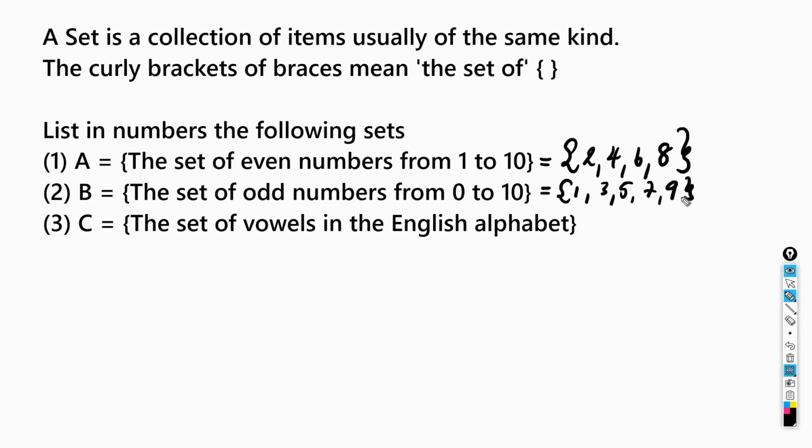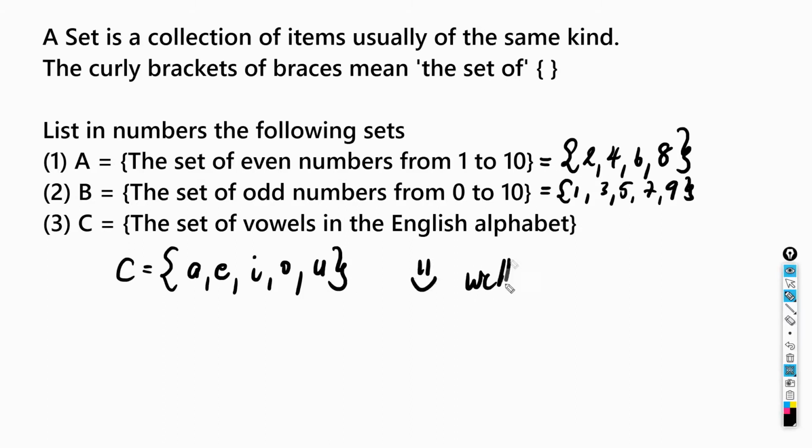And the last one says C is equal to the set of vowels in the English alphabet. And we know that the vowels are A, E, I, O, and U. So these sets are well defined, and we were able to list all the elements in the set.